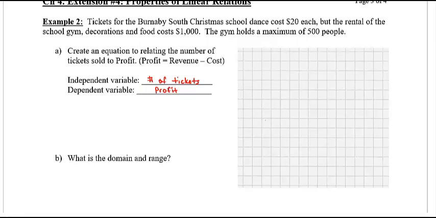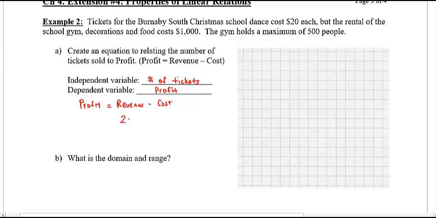So really, I'm asking you to find an equation that relates profit with cost. What is profit again? I told you, it's revenue minus cost. How do I find the revenue? Well, that depends on how many tickets are sold, right? So what is the price of each ticket? 20.